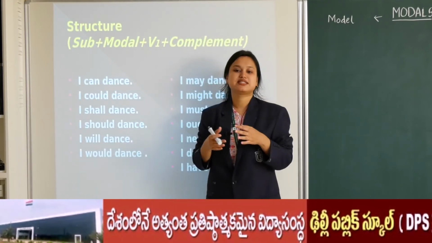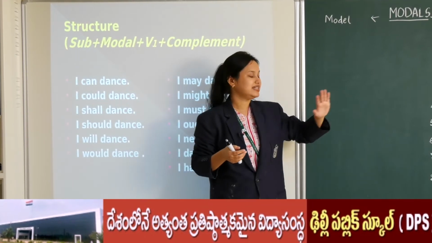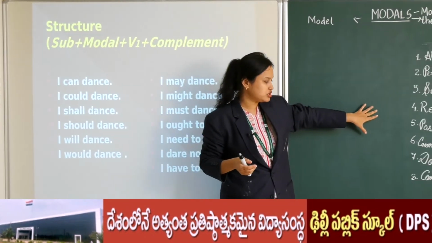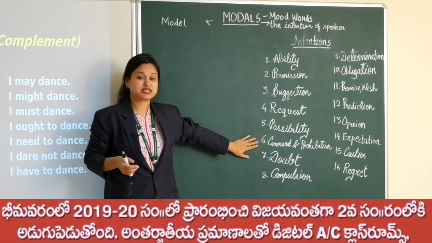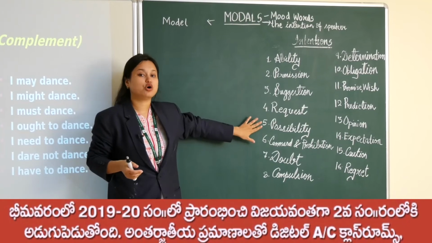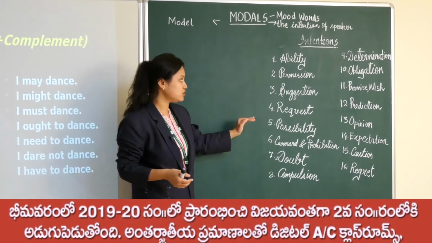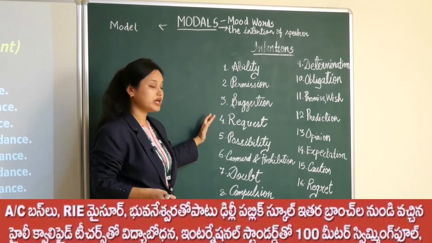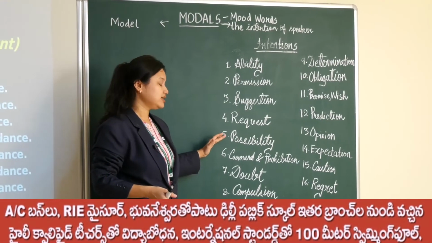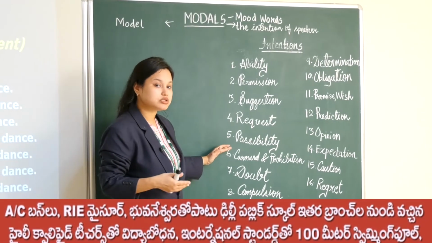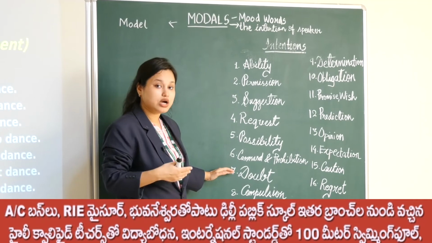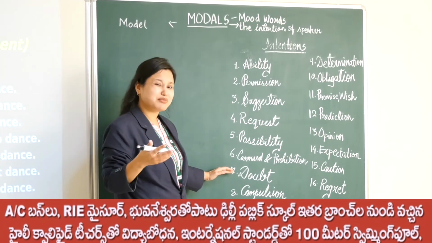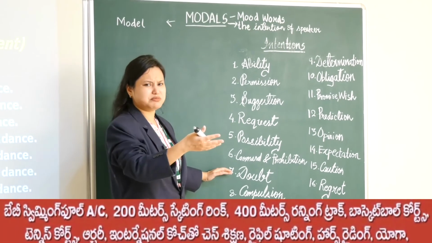By now we have seen the intentions. So many intentions, almost 15 to 16 intentions that the modals talk about. Ability, permission, suggestion, request, possibility, command or prohibition. Doubt, how are we expressing our doubt? It might rain, it could be Mr. Jane.